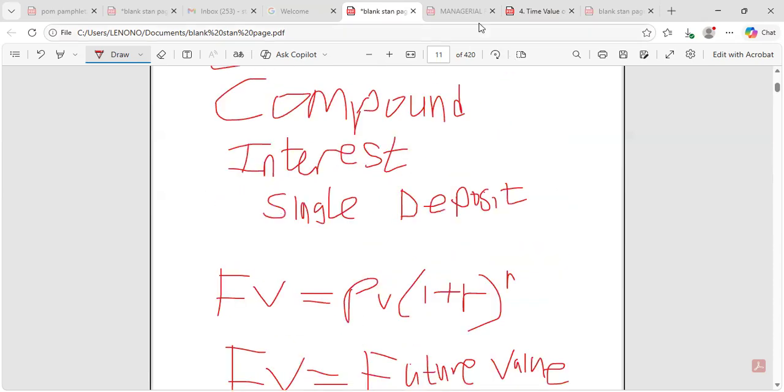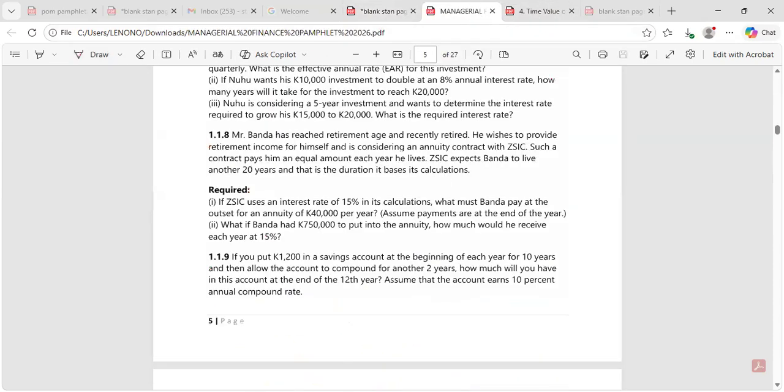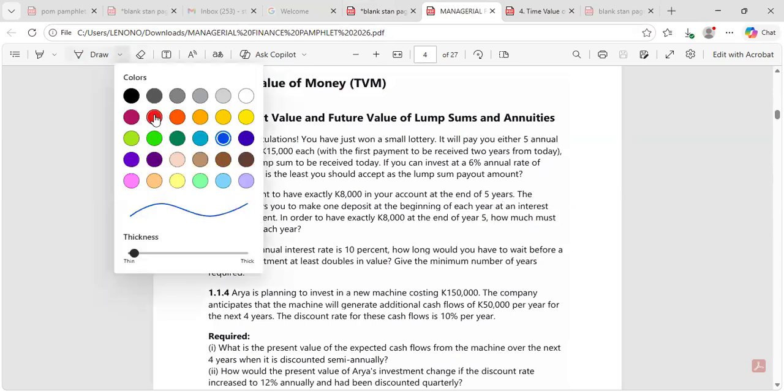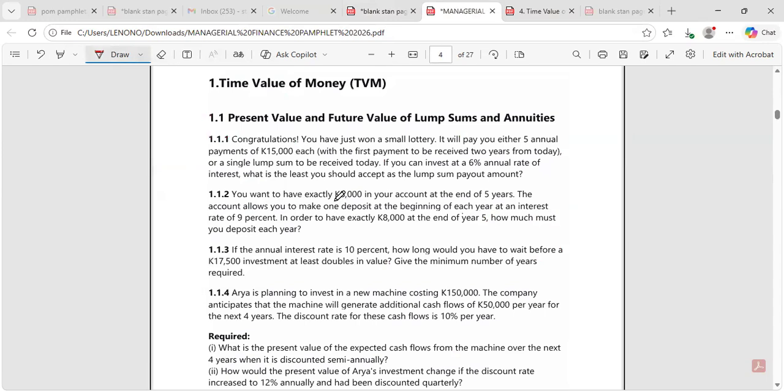Then when we get down to the question here, we can do some questions. So an example, question 1.12, we want to have exactly 8,000 in your account at the end of 5 years. Then the account allows you to make one deposit at the beginning of each year at an interest of 8%.